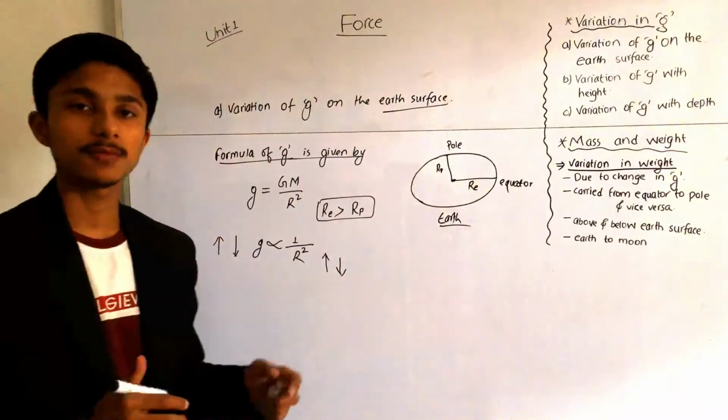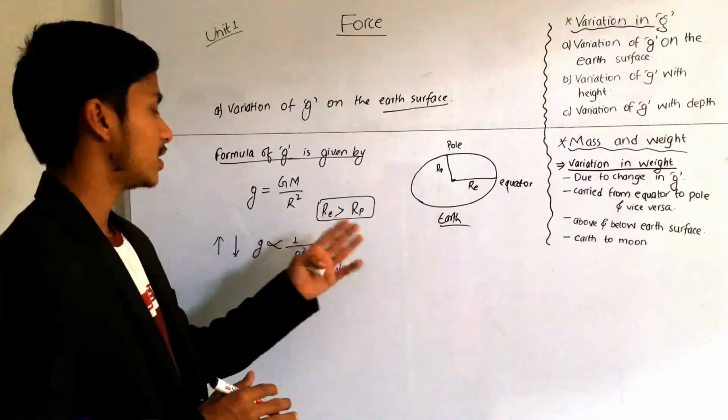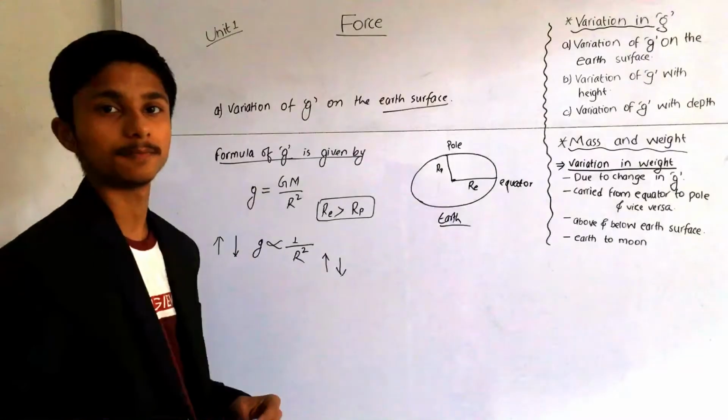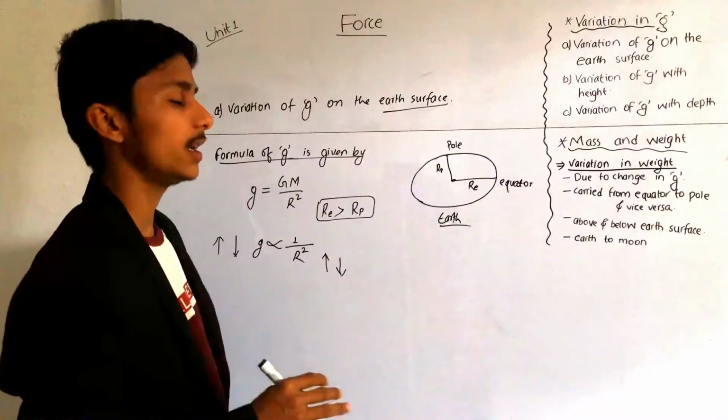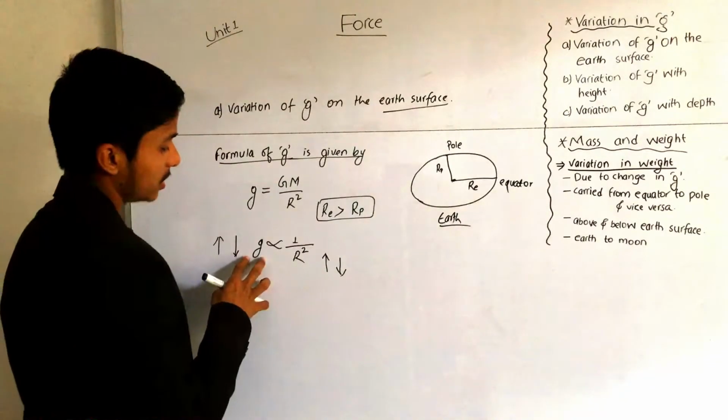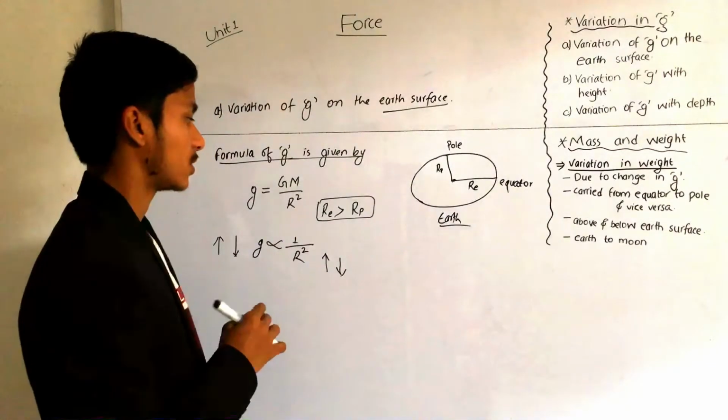This is the relation between radius and acceleration due to gravity, not only of earth, but of any planet.